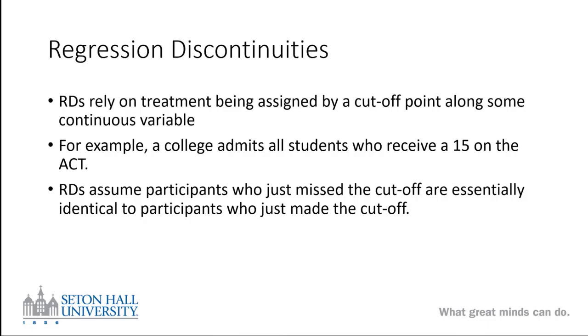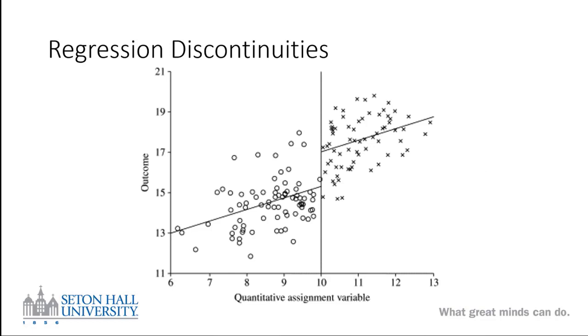We can measure the wages of students who were just barely admitted to that college to students who just barely missed admissions. And then we could say this is the effect on wages of being admitted to this college. So let's see, this is what it looks like, right?